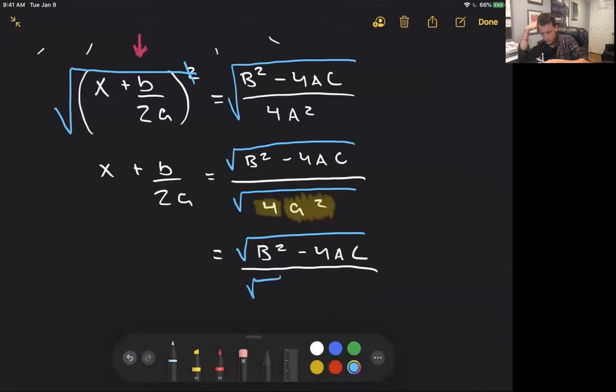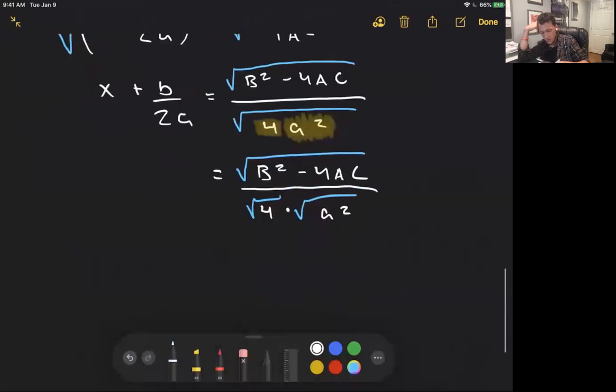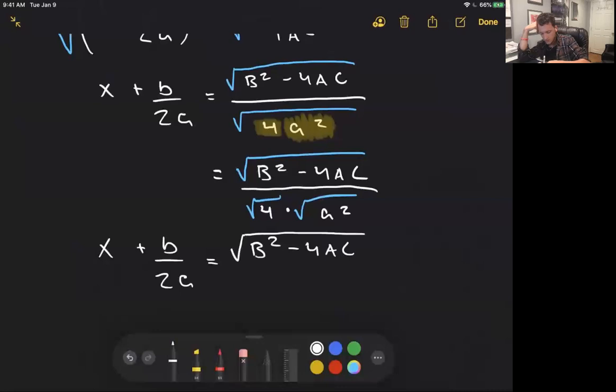So this ends up being 4, and I don't need to put that multiplication sign in there, but I did anyway. So what we end up getting is x plus b over 2a is equal to the square root of b squared minus 4ac all over the square root of 4, which is 2, and the square root of a squared, which is a.